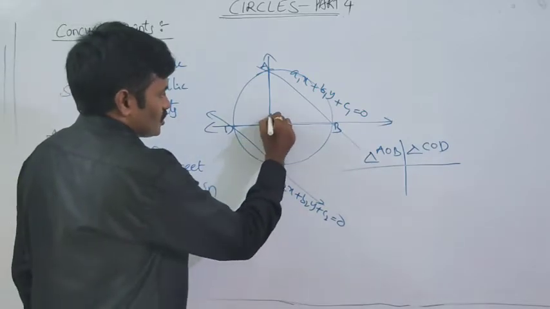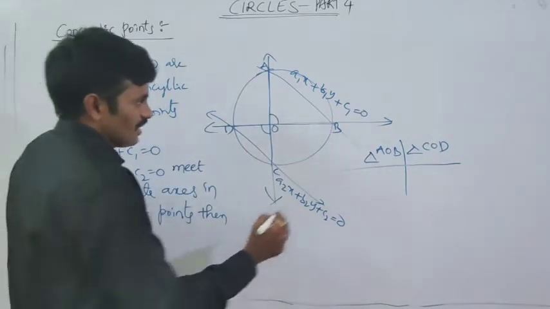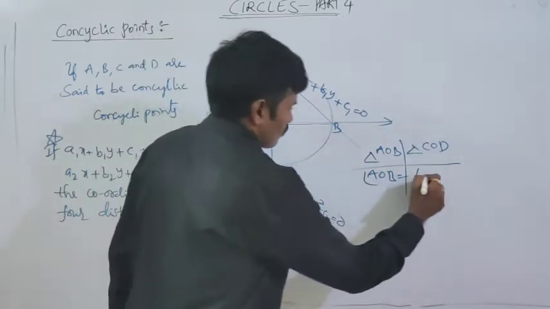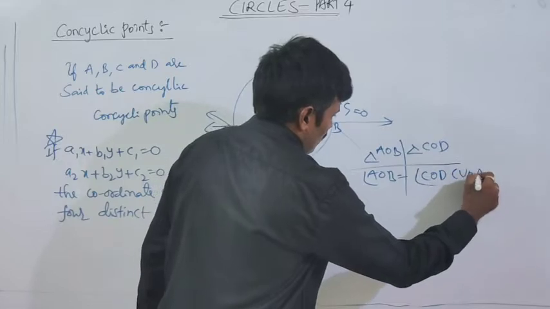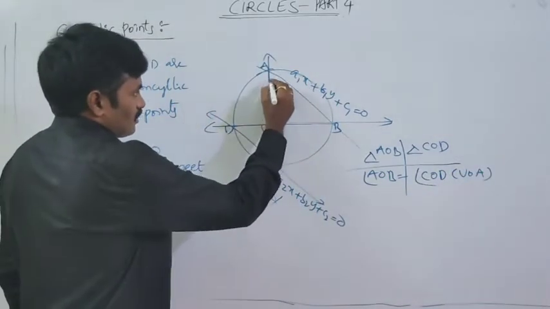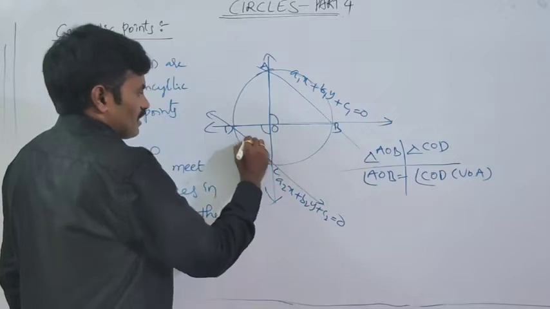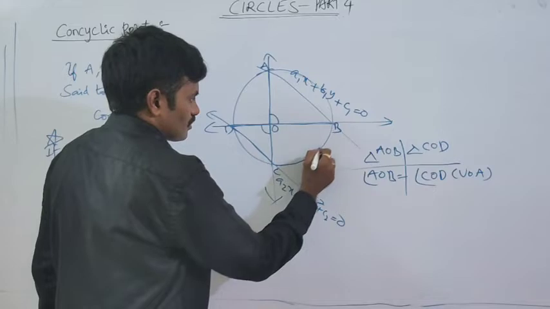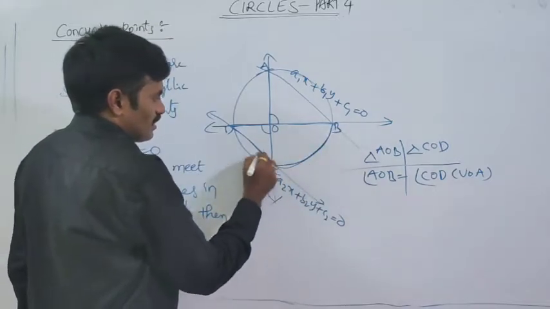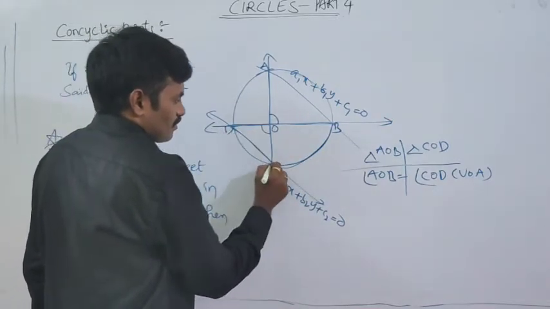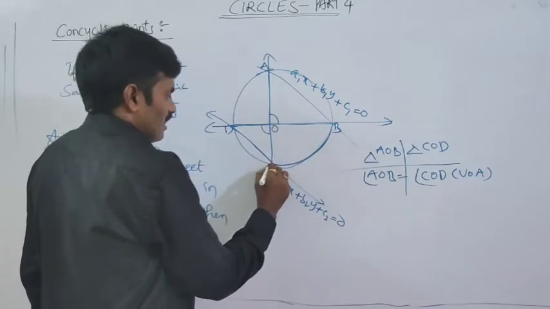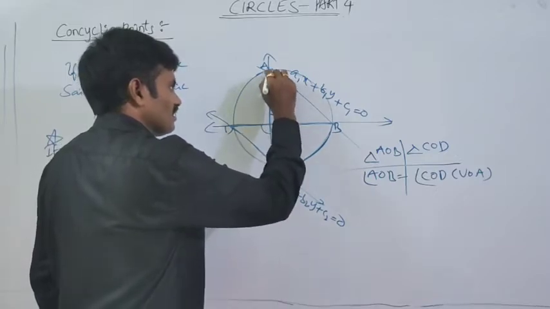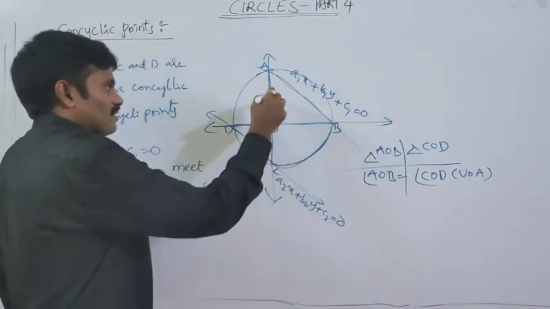If you observe, these two are vertically opposite angles, so angle AOB is equal to angle COD. And if you observe, angle BDC is subtended on the circumference of a circle by the arc BC. At the same time, the same arc BC subtends another angle on the remaining part of the same circle.